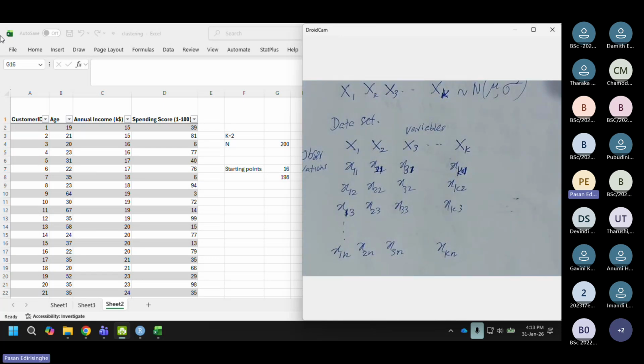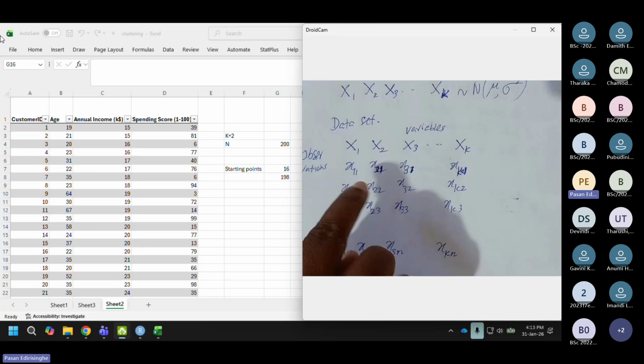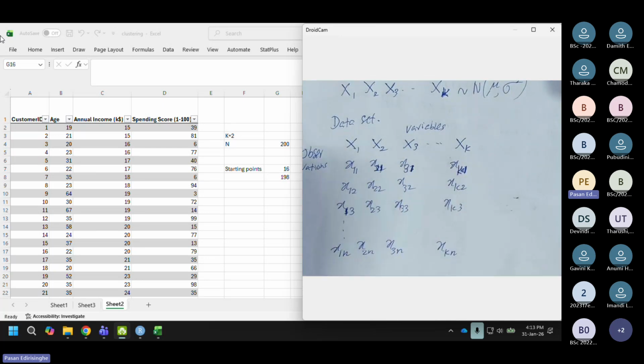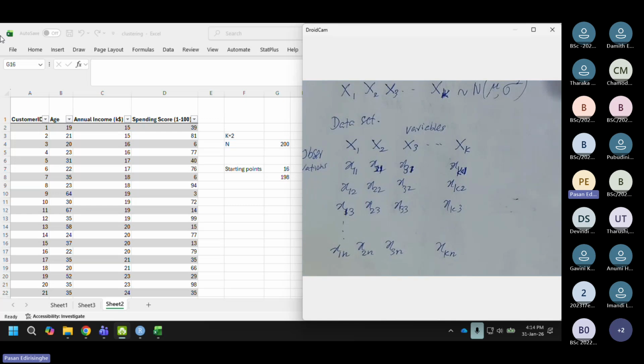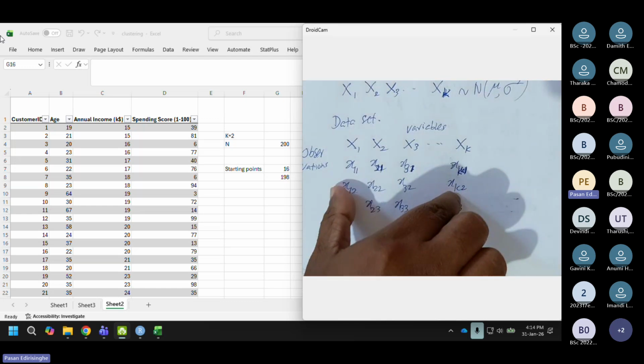For each question, I'm recording your responses as x11, x21, and so on. So that's one observation we have: your responses for all the questions. And then the second person's responses are the second set of observations, and so on, right?